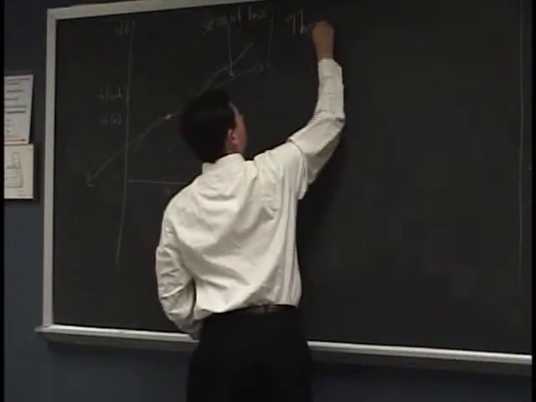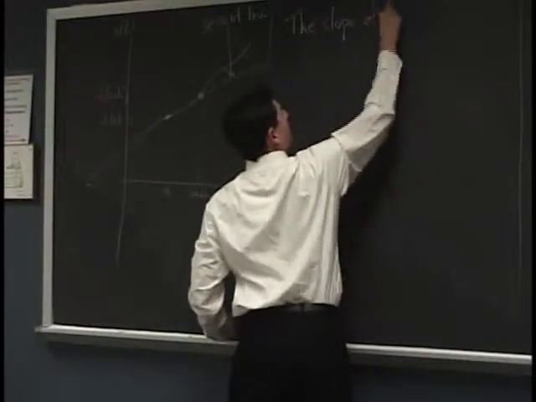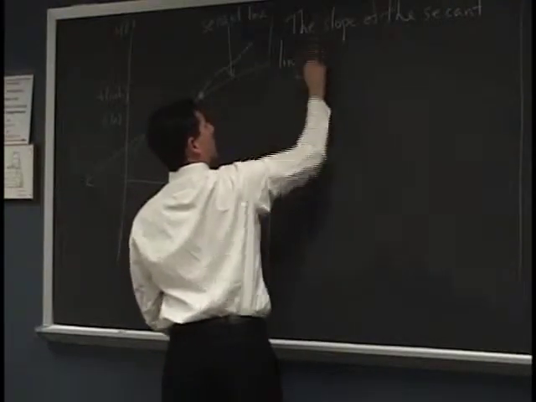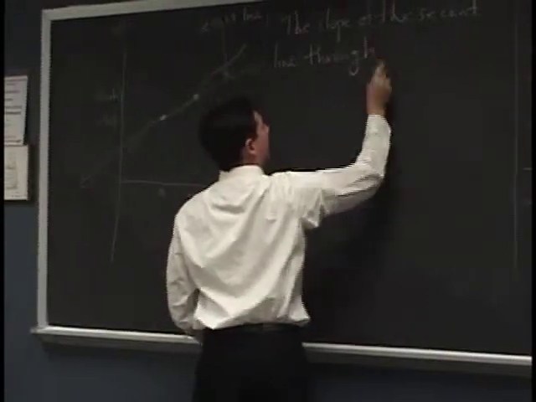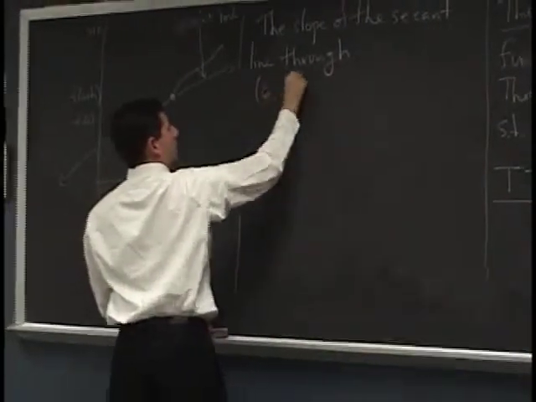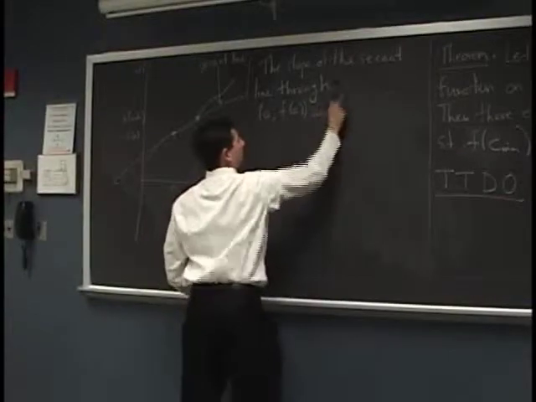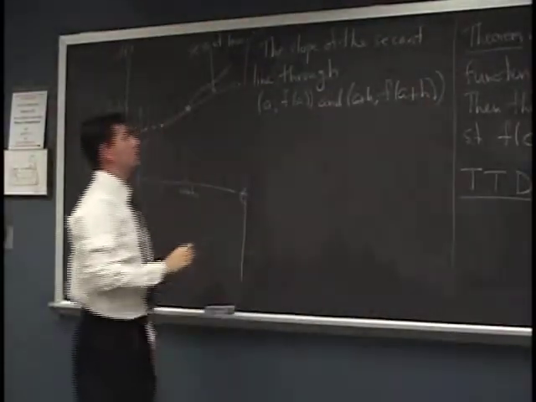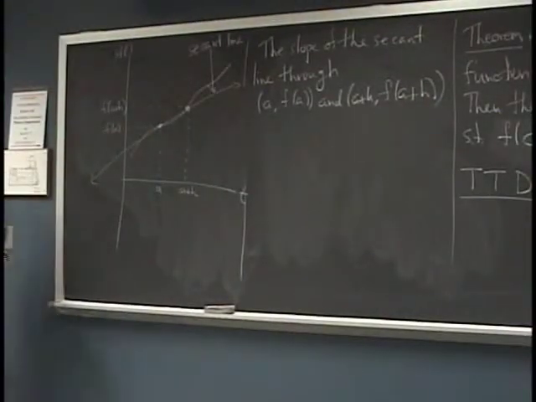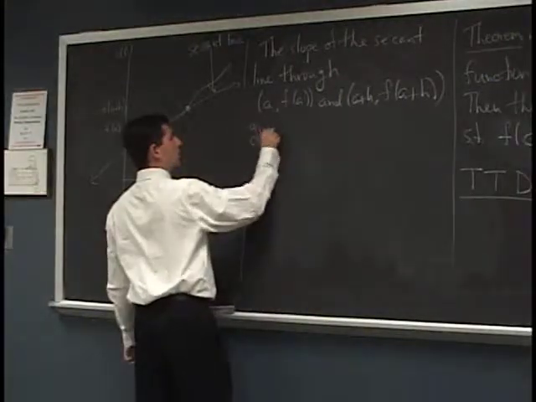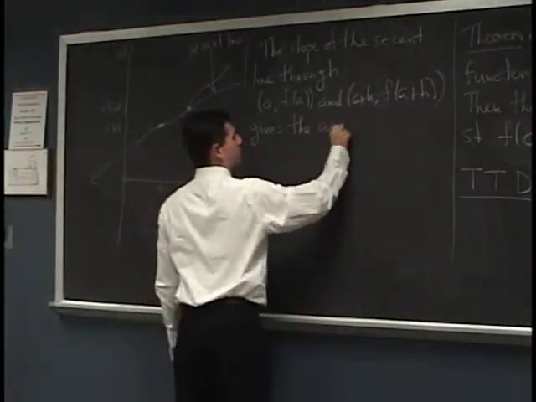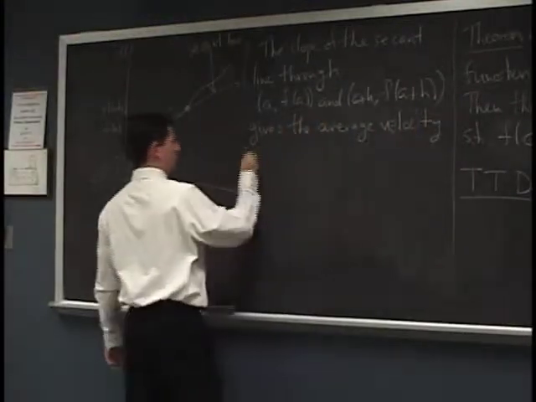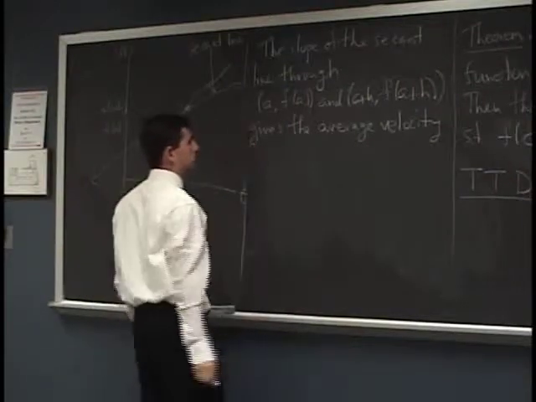So the slope of the secant line through the points a, f of a, and a plus h, f of a plus h, gives the average velocity between these 2 points.